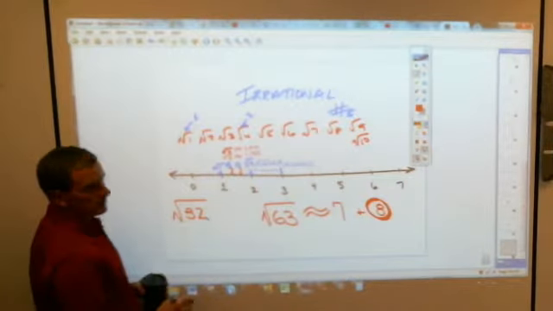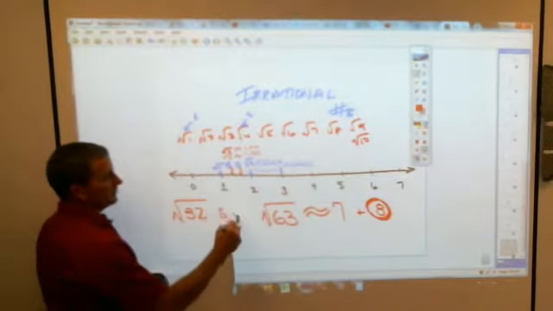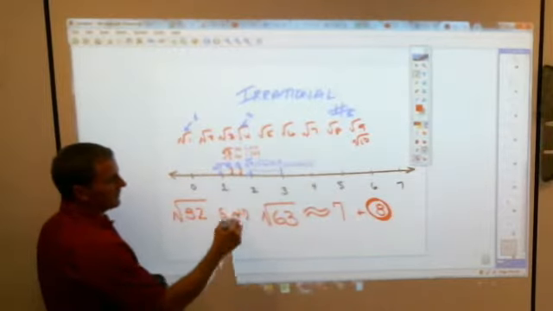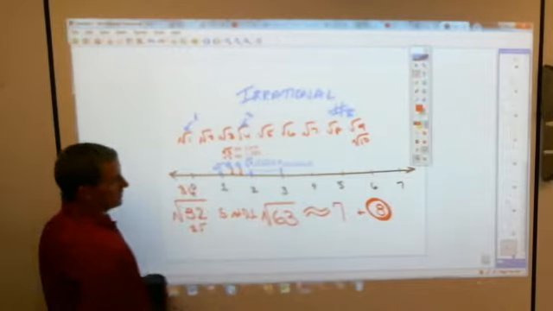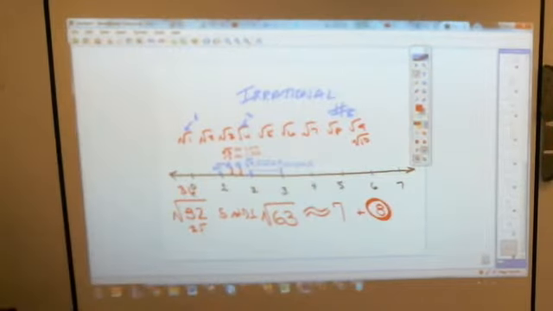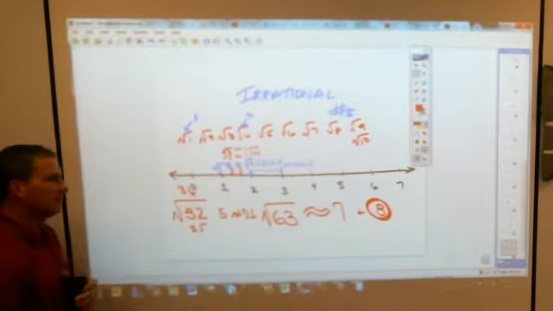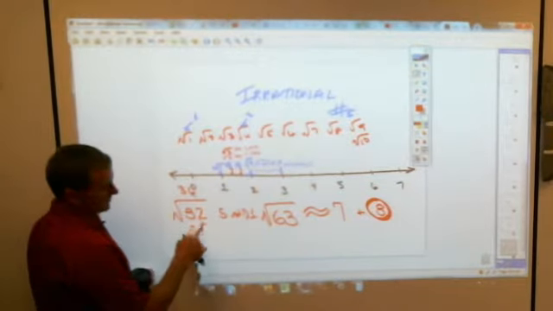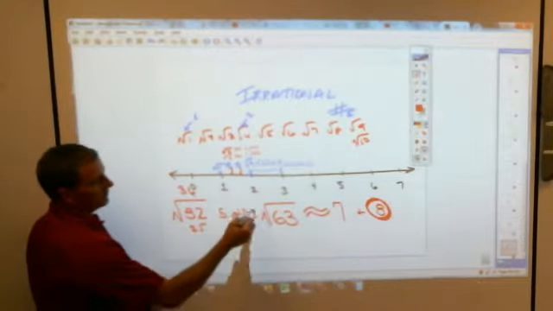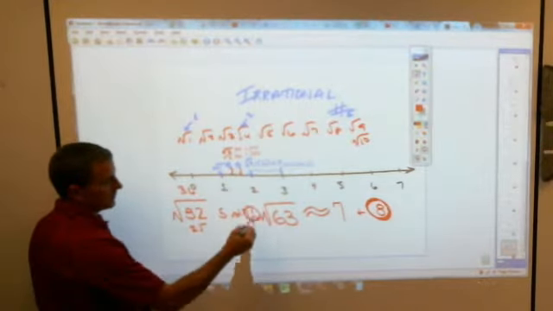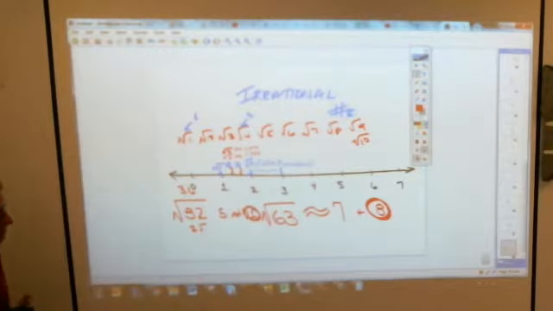Between 5 and 6. Okay, why? Because 5 times 5 is 25, and 6 times 6 is 36. Which one do you suppose it's probably closer to? 6. It's 4 away from 36, and 7 away from 25, so it's probably closer to 6. Got that? Anybody have anything they want to add?